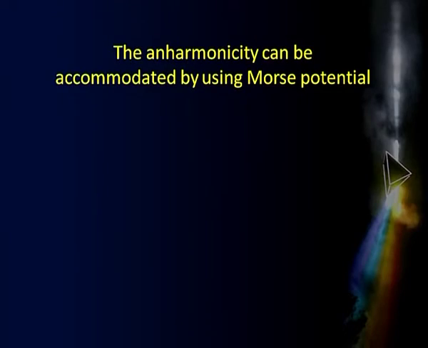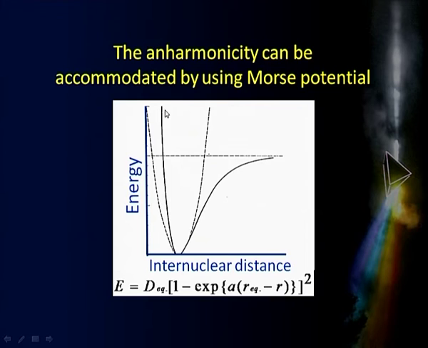We took Hooke's equation to begin with, and then we used the expression of energy which comes from there. But now we find that we need to consider the Morse potential. The Morse potential is given by the following expression. This parabola is what we considered earlier as a harmonic oscillator, and this line here is something similar to what we had seen in the case of bond formation.